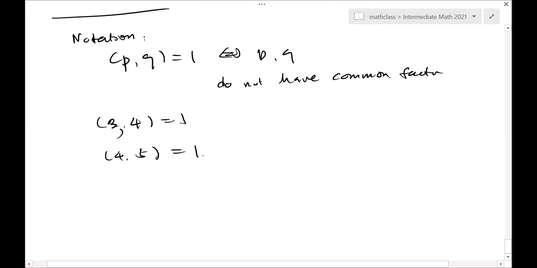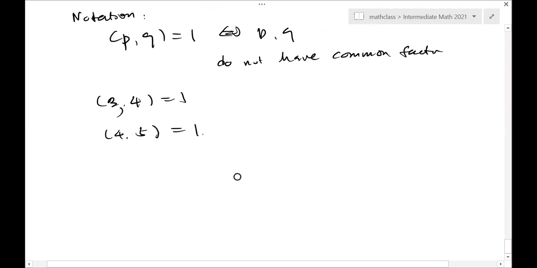So now let me state a very important theorem in mathematics. That is a theorem, it's proved. If the notation for P and Q is 1, that means they do not have a common factor.